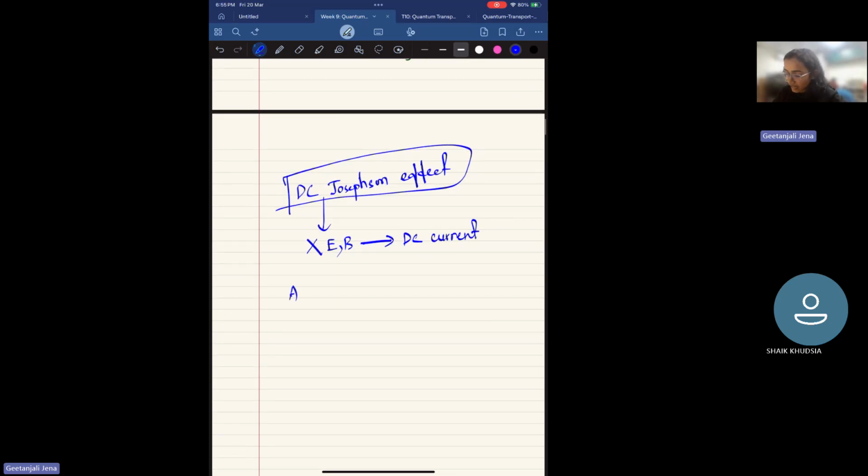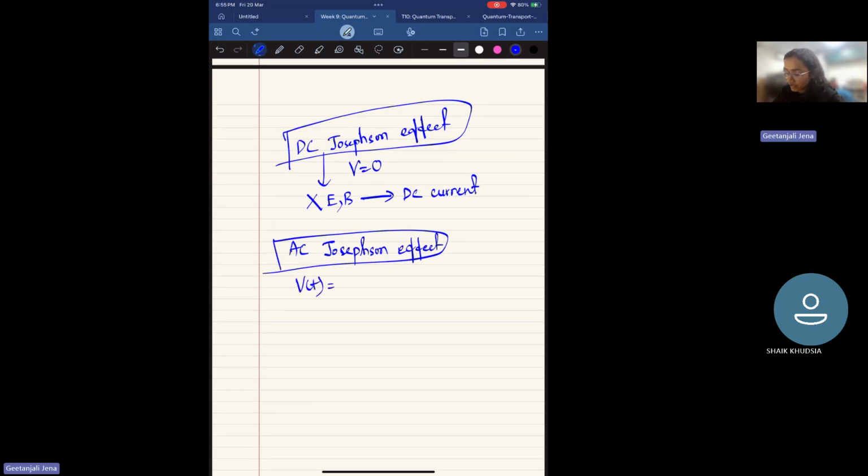Next, we have seen the AC Josephson effect. For DC, V is 0. For the AC Josephson effect, if you apply a constant DC voltage, let's say V0, we see a current oscillation across the junction.